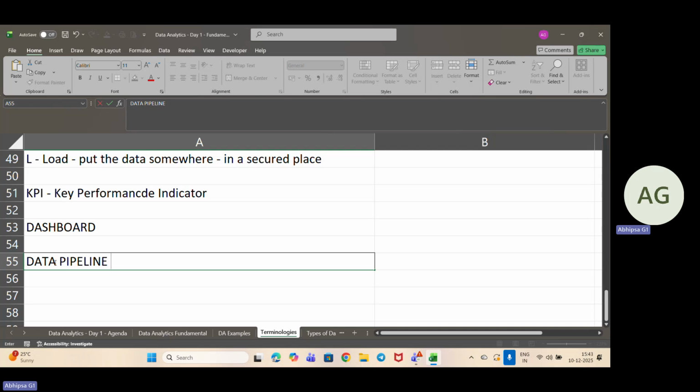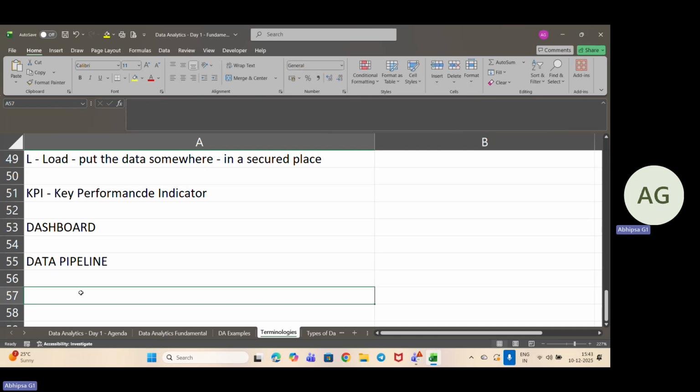So basically for data analysis, the path the data goes through, that is the data pipeline. For data analysis, we first collect the data, then clean the data, then analyze the data, then store the data, and then visualize the data, right? So that is the data pipeline for data analysis.